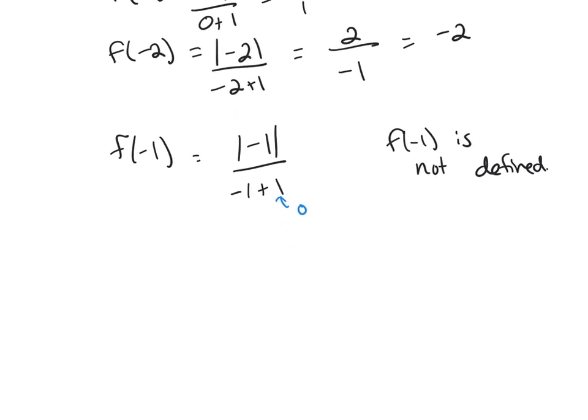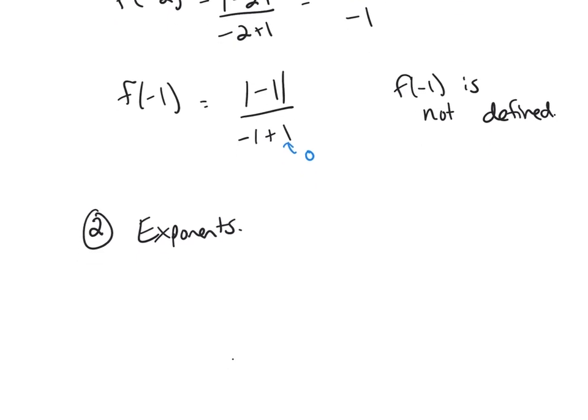All right, so let's look at our second topic, which, as I said, was exponents. And the main thing to keep in mind with exponents is how to simplify them, i.e., we want to talk about the exponent laws.